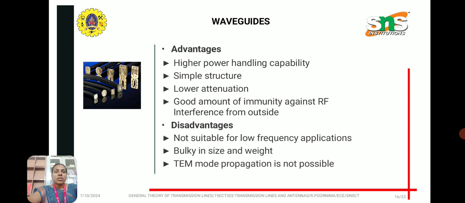Advantages of waveguides are higher power handling capability, simple structure, lower attenuation, and good immunity against RF interference from the outside. Disadvantages are that it is not suitable for low frequency applications, it is bulky in size and weight, and TEM mode propagation is not possible.